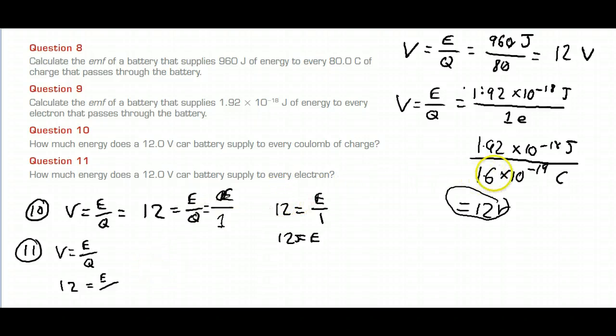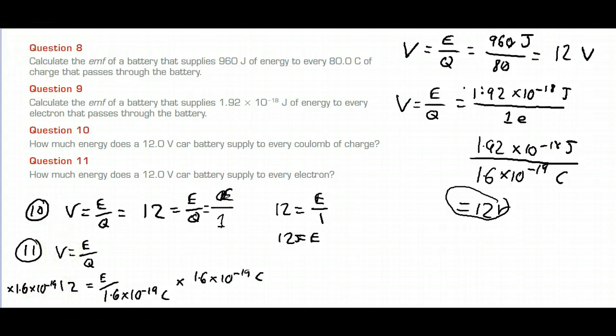And we know from earlier that 1 electron has a charge of 1.6 times 10 to the negative 19 coulombs. So to get E on its own, multiply both sides by this: 1.6 times 10 to the negative 19.